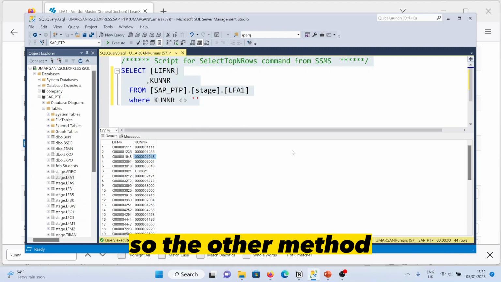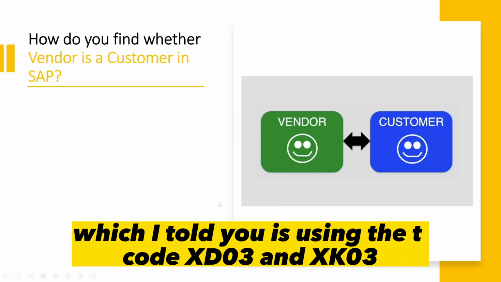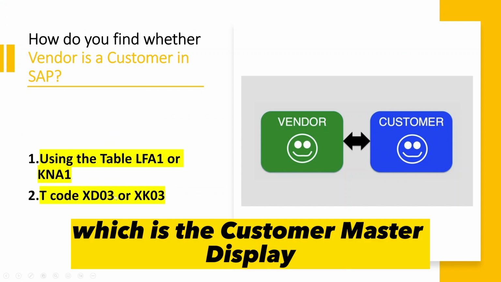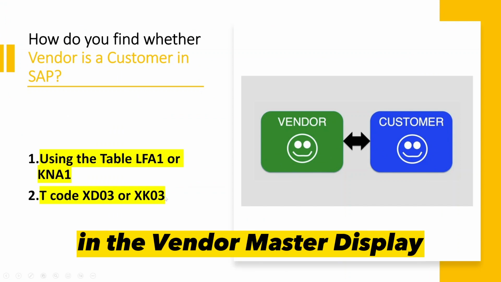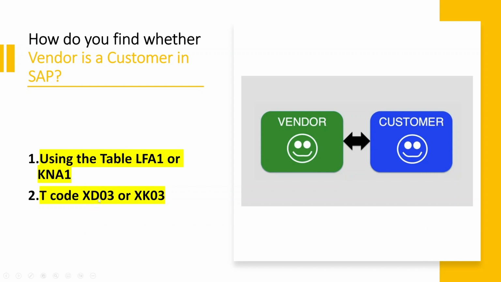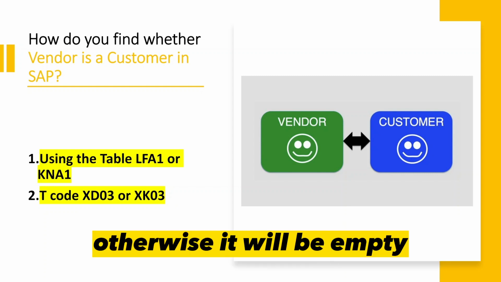The other method I told you about is using the T codes XD03 and XK03, which are the customer master display and the vendor master display. If you go into the SAP screen, in the customer master display, you can find the vendor number against the vendor field. Otherwise, it will be empty.